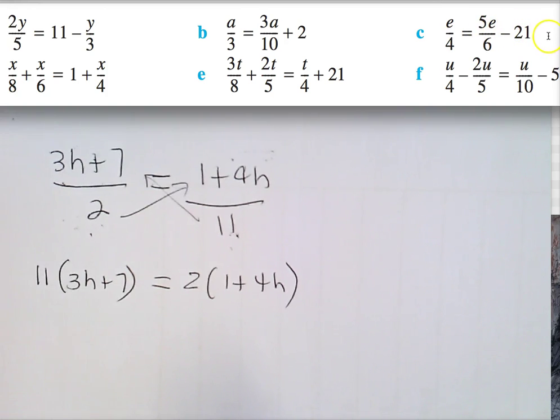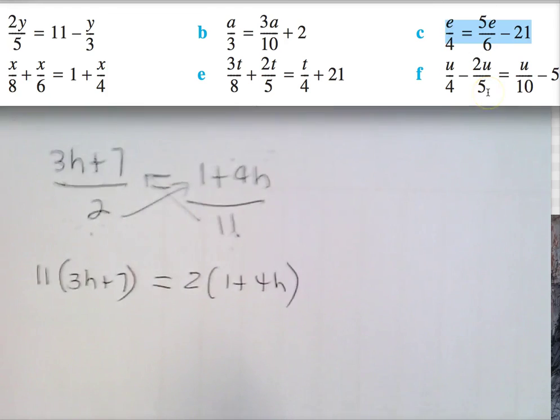Look here, girls. I'm highlighting question E up the top. Can you see it? Fraction equals fraction minus another number. Is that fraction equals fraction? So that you would never cross multiply. Do you get what I'm trying to say? With that one, C, you multiply through by what with C?